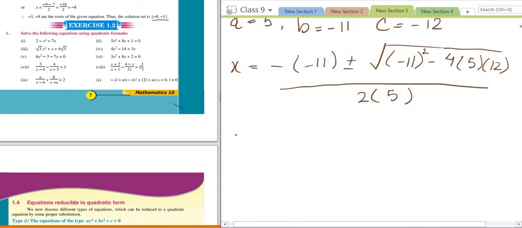Now just calculate all these terms. You will get 3 and minus 4 by 5, which is the solution set for this. Okay, I'm going to do the next.